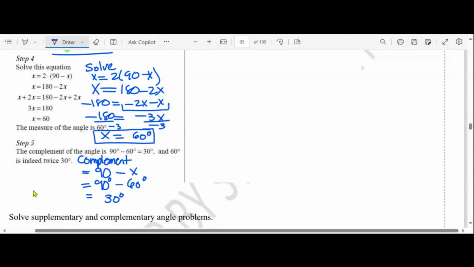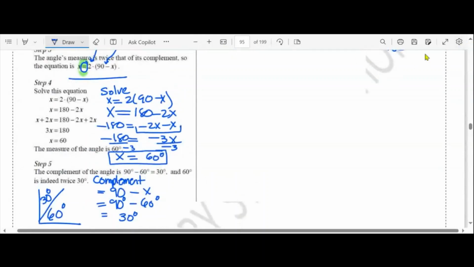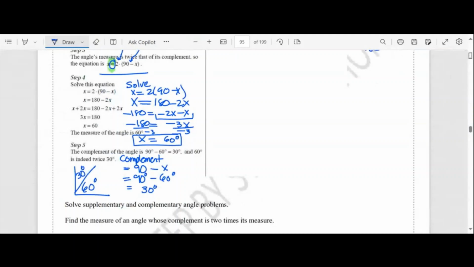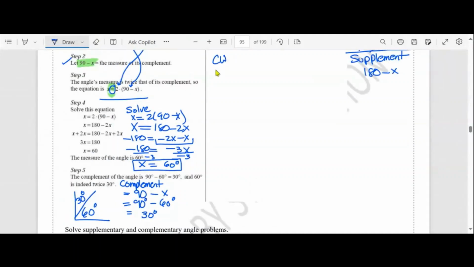If a complement is 30, it means if you have one angle here, 60, this angle is 30. That's what it means. Is this clear? Yalla, copy it. Then please do the other one on the right side. Do this one as a classwork.